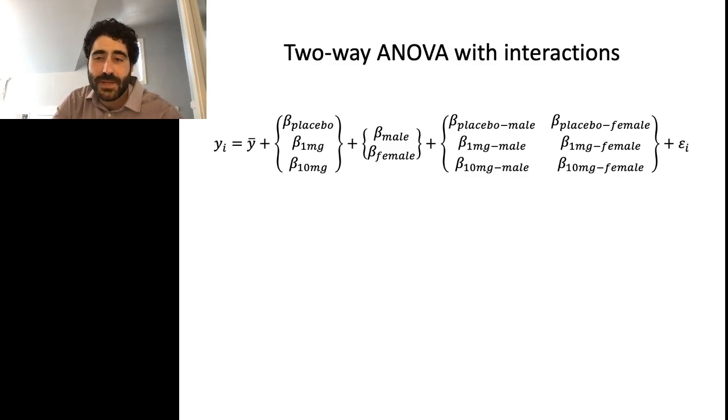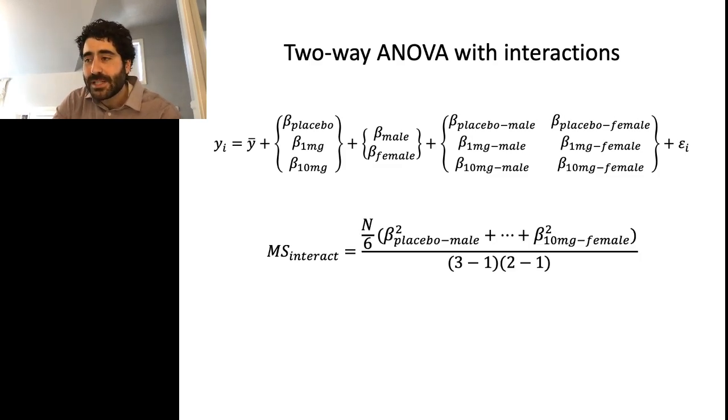The only group of people out of these 6 different groups is the 10 milligram male group. That kind of outcome would be really hard to deal with using these first 2 factors, because it's hard to have a 10 milligram adjustment without knowing someone's gender. Similarly, it's hard to have a gender adjustment without knowing their dose. But this interaction term can deal with this. We get to make a different adjustment to every single one of these 6 groups here.